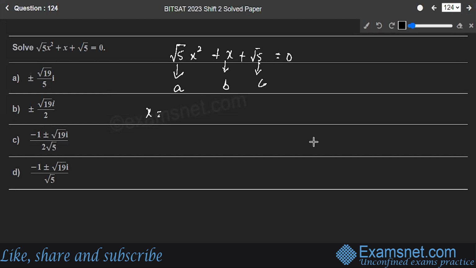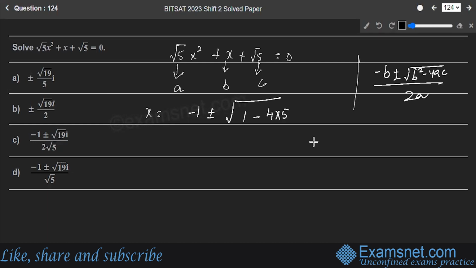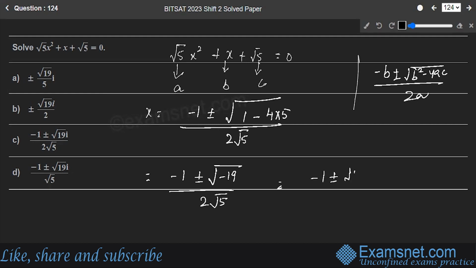You know, x is given by the quadratic formula, minus B plus minus root of B square minus 4AC upon 2A. So you have here x equal to minus 1 plus minus root of minus 19 upon 2 root 5, or this is equal to minus 1 plus minus iota root 19 upon 2 root 5.